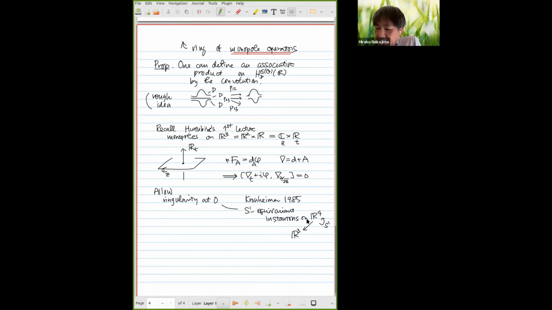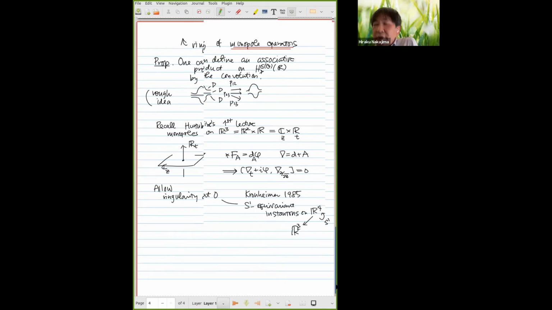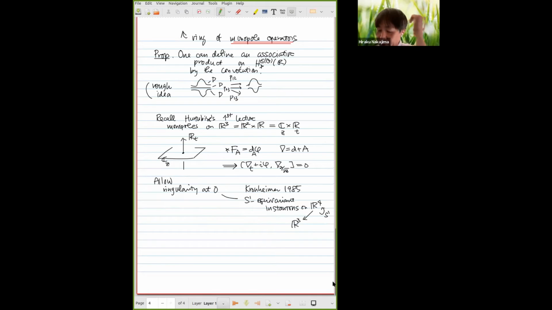So if you have S1-equivariant instantons on R4, then it descends to a connection on R3 except the origin, because the origin is a fixed point of this S1 action. So as a monopole on R3, you will see the singularity. But anyway, from this description you can understand the type of singularity.